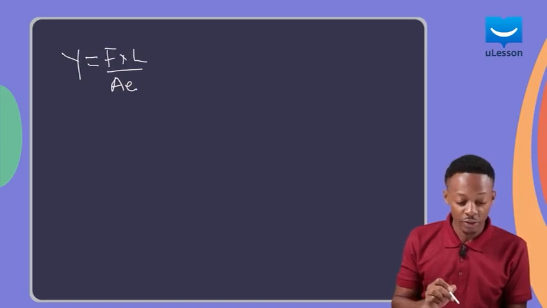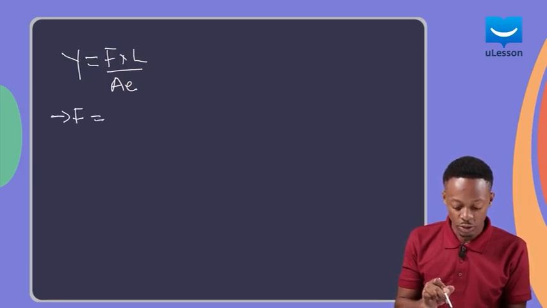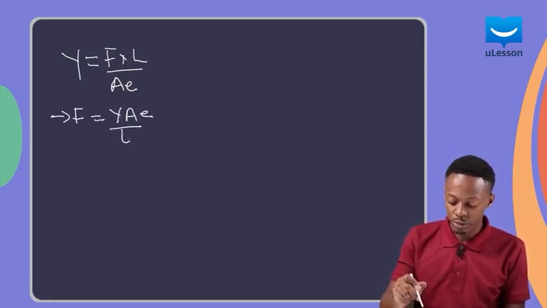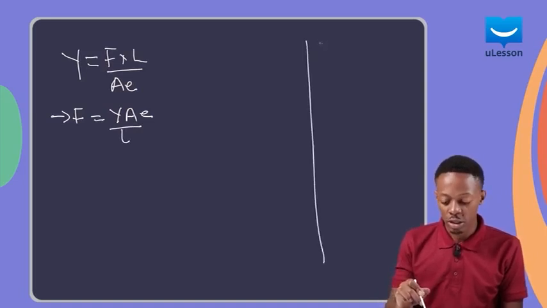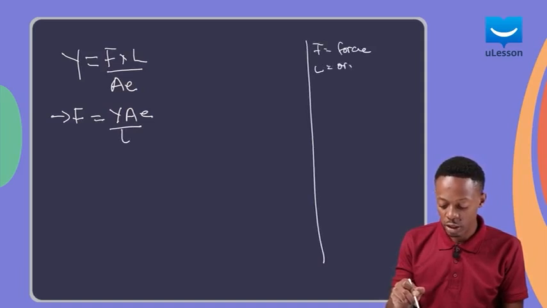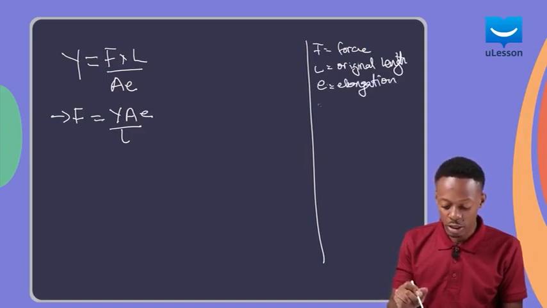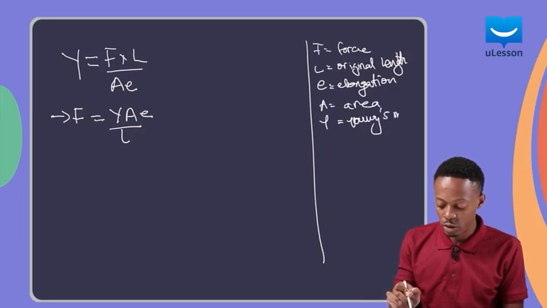Now, if we made F the subject of the formula, that will give us F is equal to Y times AE over L. Now remember, all these things, F is equal to the force applied, L is the original length, E is the elongation, or also known as the increase in length, A is the area, and of course Y is Young's modulus.